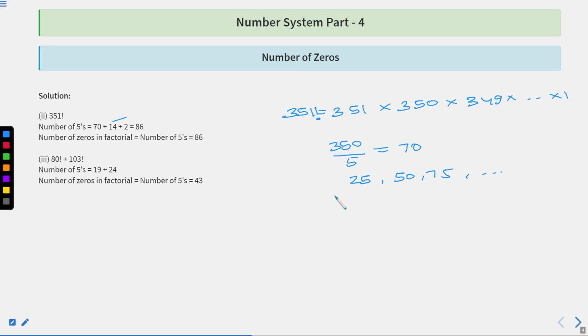Three fives will be given by 125, and next 250. The next possibility will be 375, which does not lie here. So we will have only two. So that is 86 fives. So the number of zeros in this factorial is going to be 86.